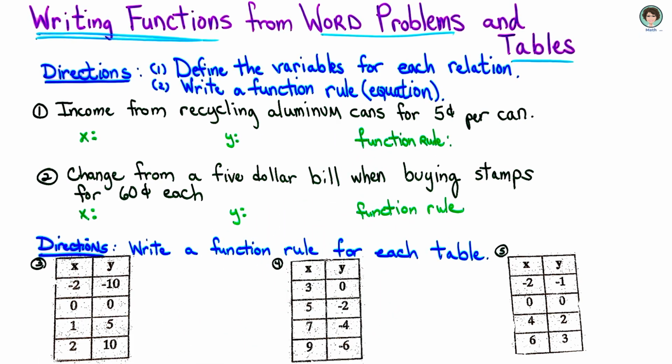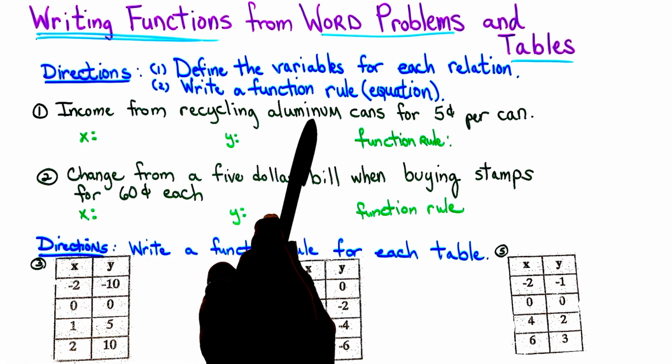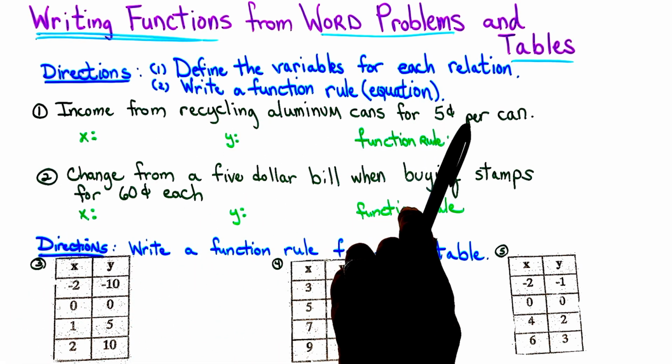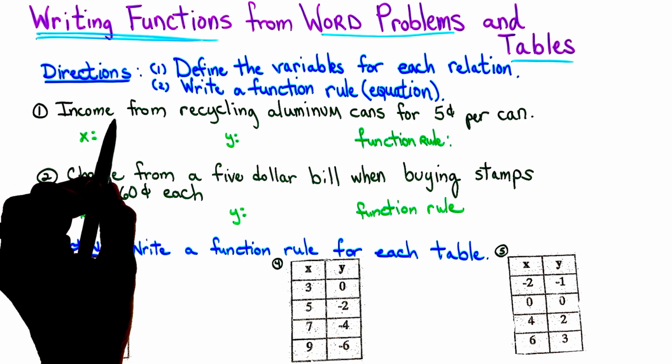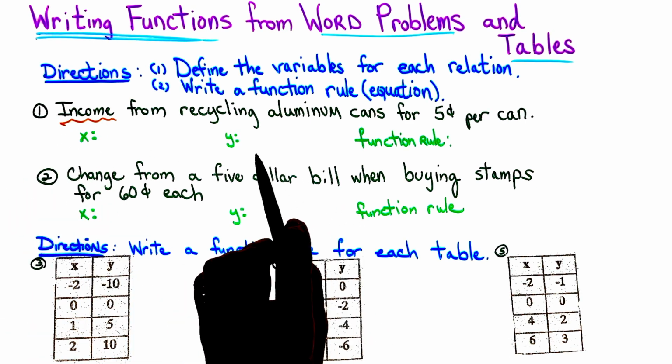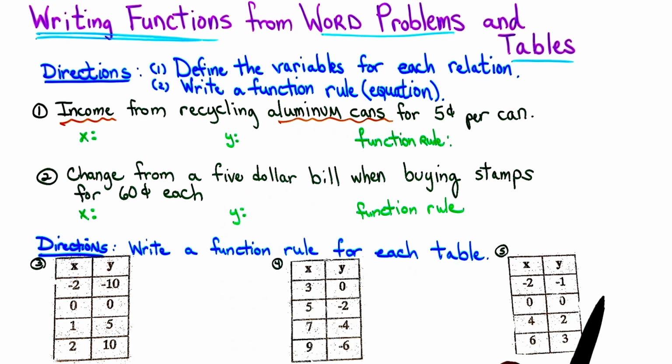All right, so for number 1, it says income from recycling aluminum cans for 5 cents per can. So we know that we're talking about income, and we do know that we are talking about aluminum cans here.